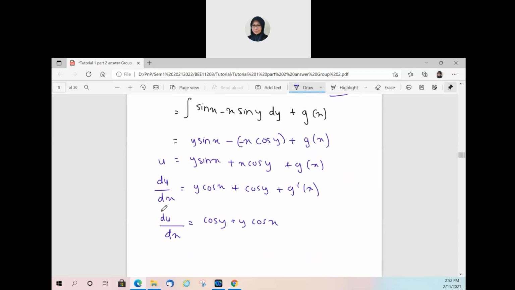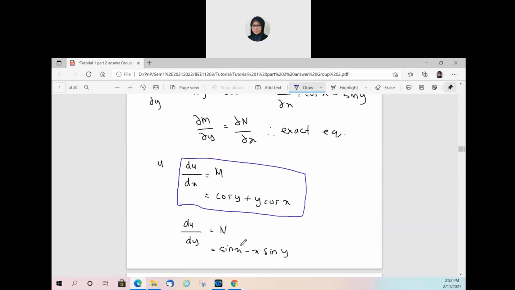Here we have du over dx. We have this g prime x. And now we want to find what is g prime x. Then we have to compare with du over dx that we assumed here. So you compare.